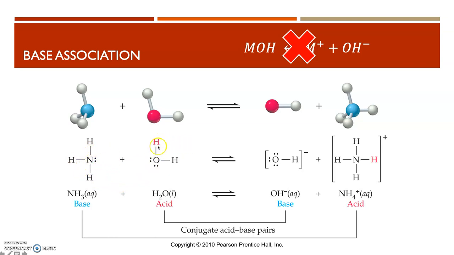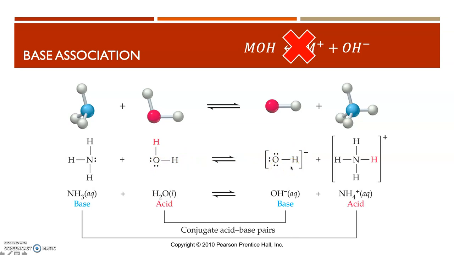So my hydrogen on my water is going to be stolen by ammonia, to make hydroxide, which gets left over from water, and my ammonia accepts that extra proton to become ammonium ion. So the ammonia and ammonium are an acid-base conjugate pair. They're the same molecule except for that extra proton, and water now turns into hydroxide.